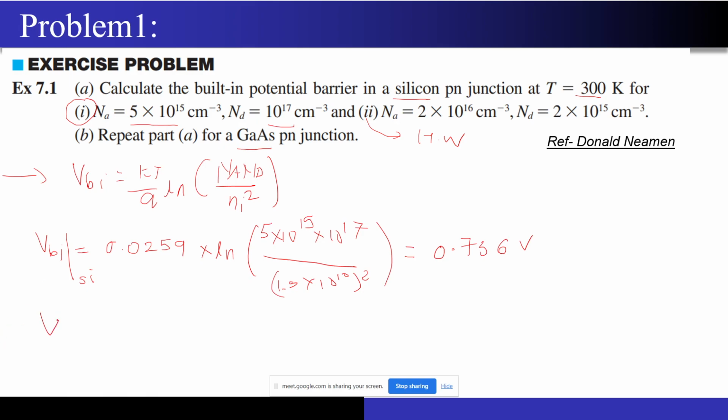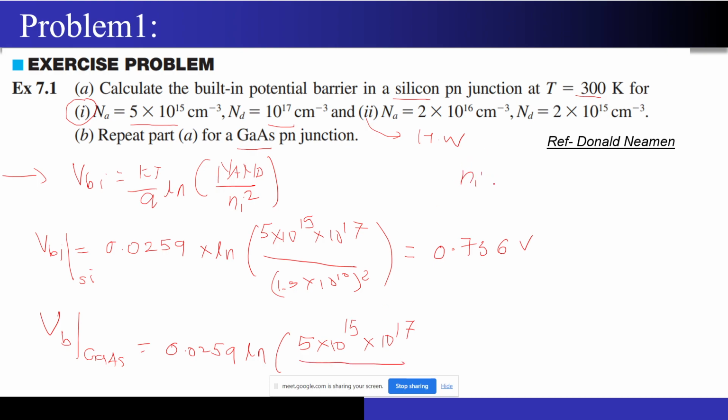And now let's try to do the same for gallium arsenide. So what is it? 0.0259, correct? ln of, again the numerator is the same because my concentration is not changing. So 5 into 10 to the power 15 into 10 to the power 17. Now what is the Ni for gallium arsenide?